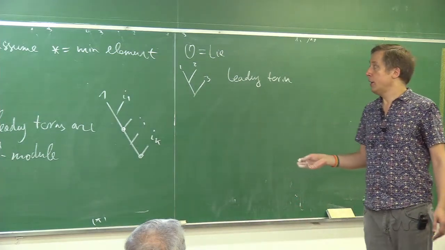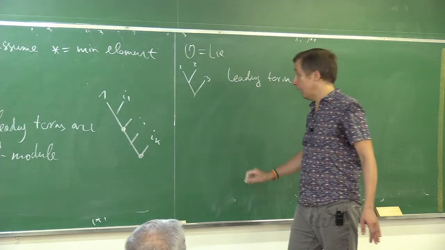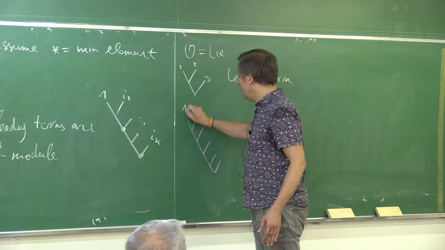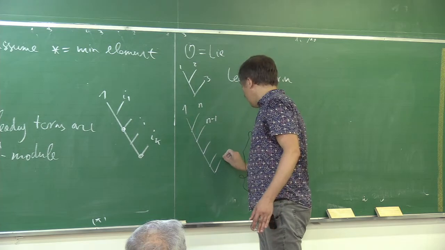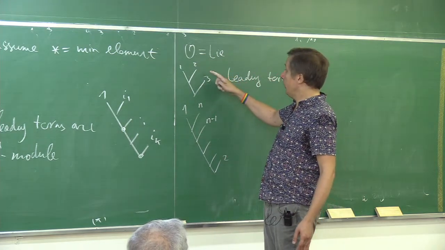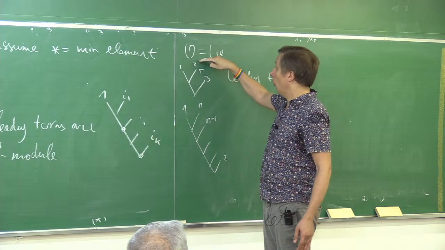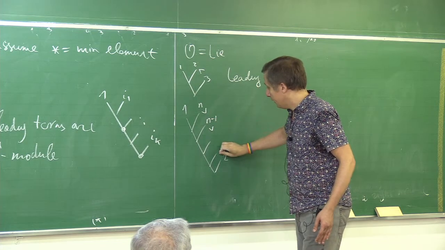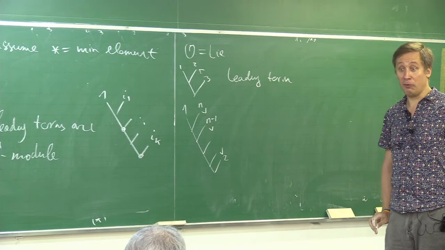What are the normal forms that strictly grow to the left? The normal forms that strictly go to the left is 1, and here you have n minus 1, 2. Since we prohibited the leading term where we have an increase here, we must have a strictly decreasing sequence. So we have just one normal form like that.